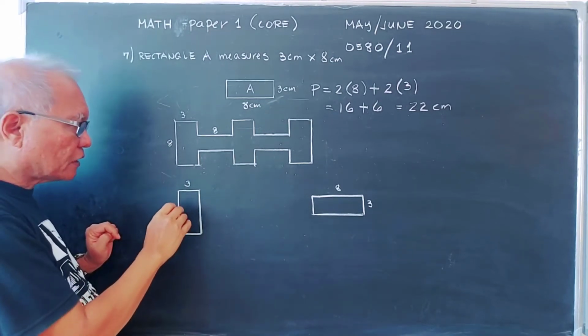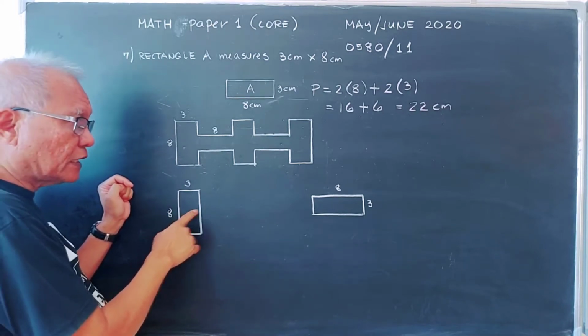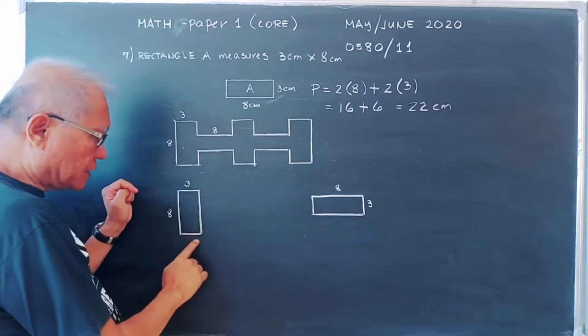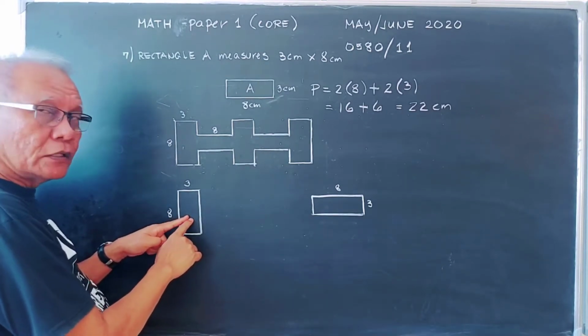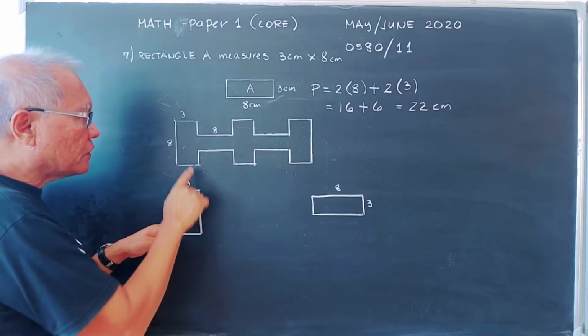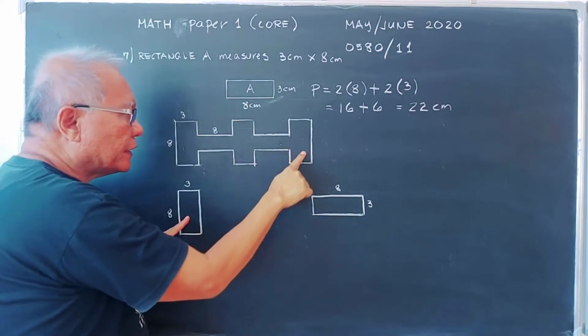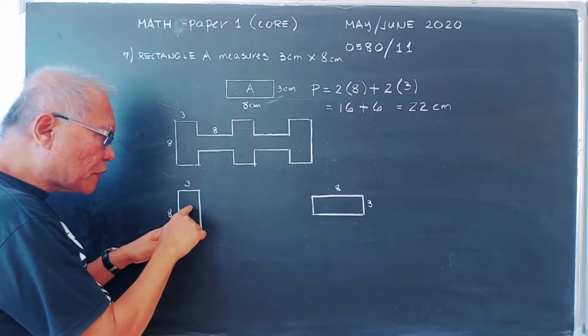Now we can have the second method, in which this one is standing and the other one is lying here, 8 here, but here is 3. For the standing rectangles, how many figures do we have? 1, 2, and 3. So we have 3 of these. Now what is the perimeter of one?